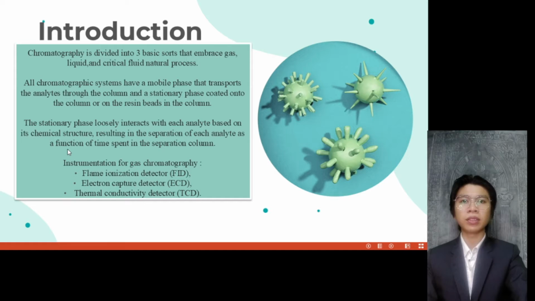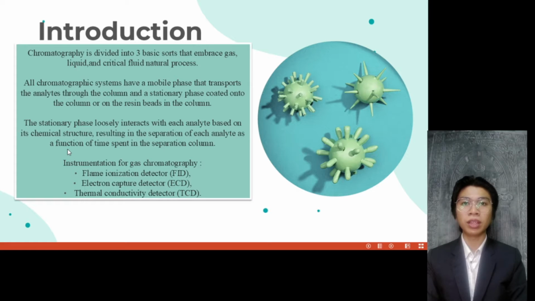The instrumentation for gas chromatography is: number 1, flame ionization detector, or FID. A flame ionization detector is a scientific instrument that measures analytes in a gas stream. Number 2, an electron capture detector, ECD, which is a device for detecting atoms and molecules in a gas through the attachment of electrons via electron capture ionization.